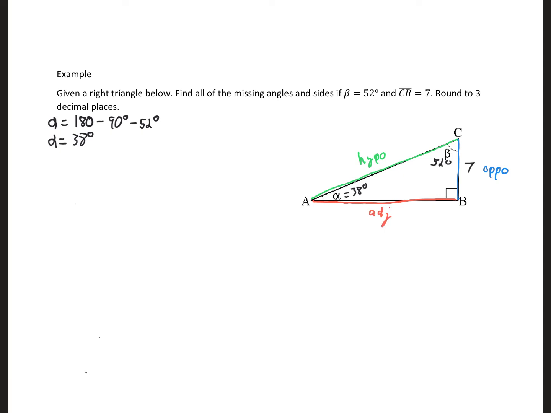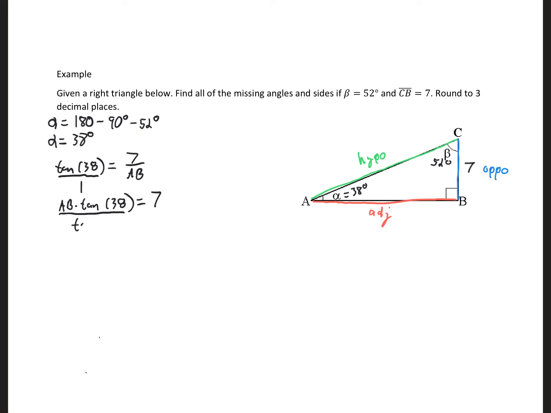Alright, so let's start by finding AB first. So in this case, for 38 degrees, 7's the opposite and AB's the adjacent. So tangent of 38 equals 7 over side length AB. Putting tangent of 38 over 1 and cross multiplying, AB times tangent of 38 equals 1 times 7 is 7.